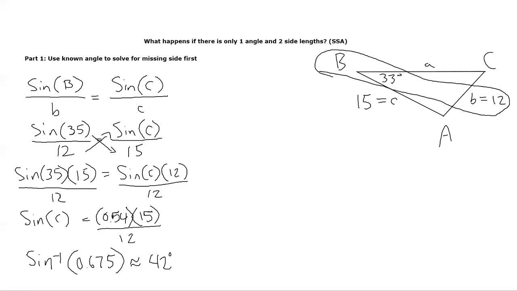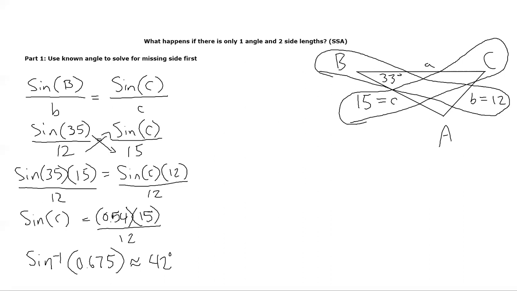Right? But I don't have the other 2 angles, which means I can't figure out what angle A or angle C is unless I use the law of sines. Right? But this time, notice last time we were trying to find a side length.